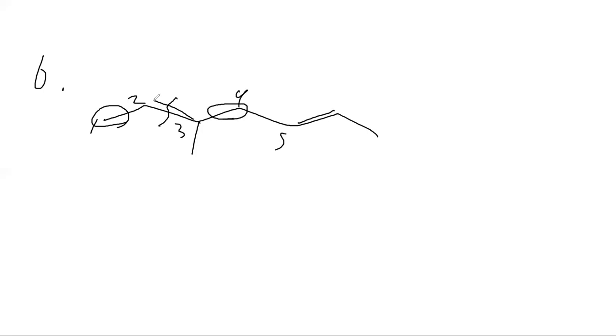So this is E, that's not Z. So this is wrong. And also at this double bond, this is pointing down and this is pointing up. So again, they're pointing opposite directions, they're E. So basically the structure was wrong, but we can redraw both of the double bonds like this.